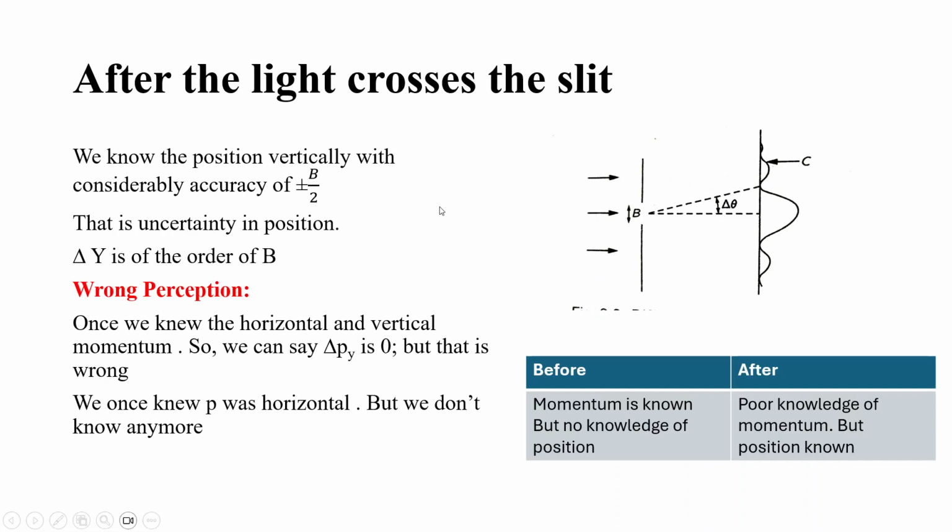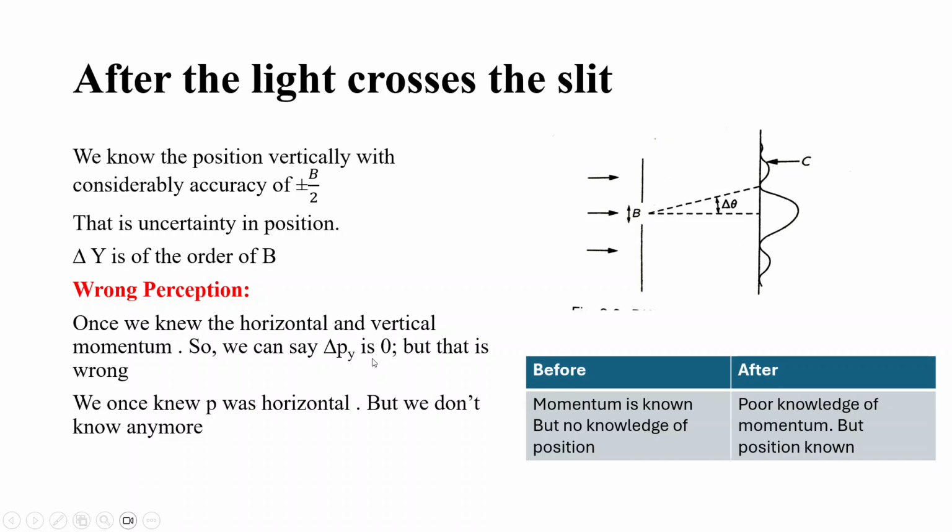Now we are focusing on the situation when light passes through this slit. We know the position vertically with considerable accuracy, plus or minus ΔB, because we know the size of this hole or slit. That is, the uncertainty in position Δy is of the order of B. Now, there might be a wrong perception that once we know the horizontal and vertical momentum, we can say ΔPy is 0.